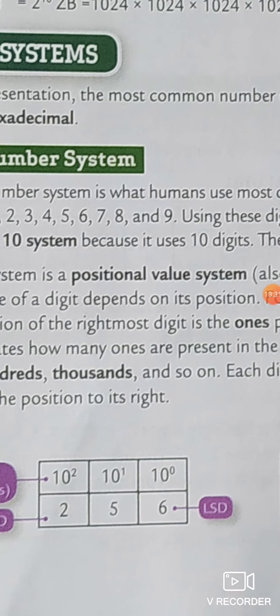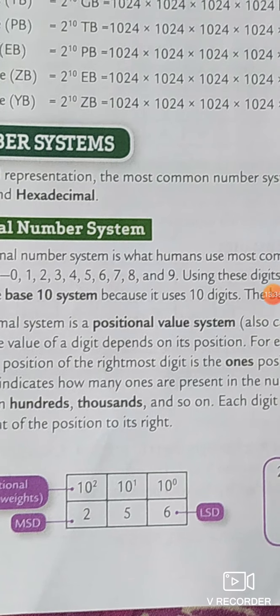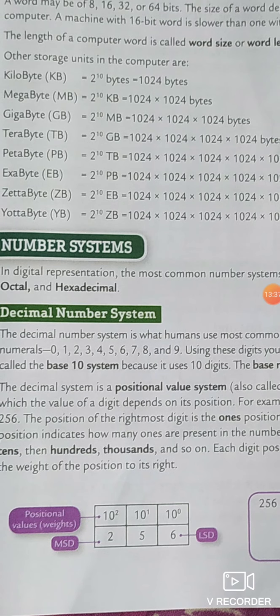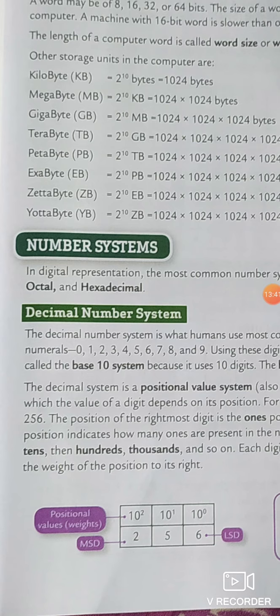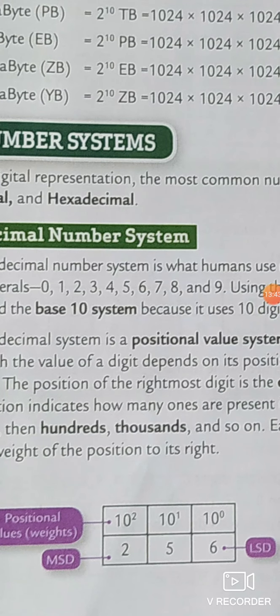So this is the tens position, and it contains 5. And next is the hundreds position, the leftmost, and it contains 2.